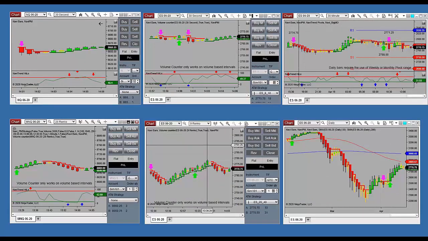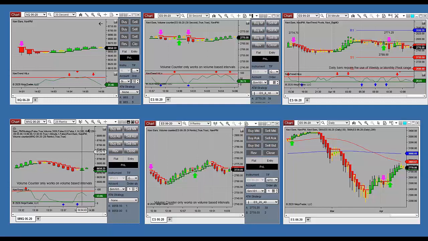Let me tell you what I would consider some of the best trading signals. Best trading signals are when I get two different correlated markets telling me the same thing. Now on our charts, we automate the buy and sell signal. So here at 1:19, we had a buy signal on the E-mini.